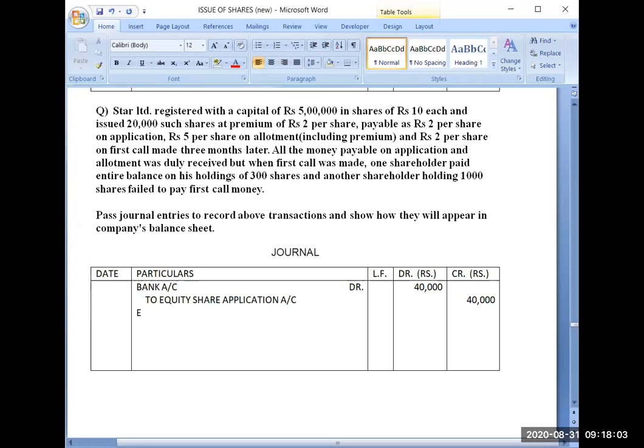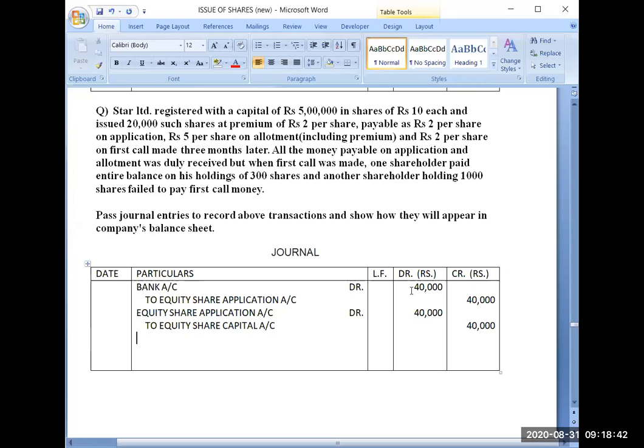Second entry will be equity share application account debit, same amount, to equity share capital account. I hope these two entries are clear to each and everyone. If you still have any confusion, you can tell me.